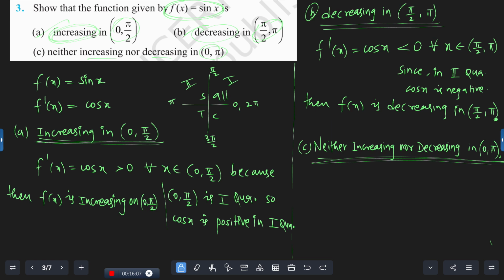Listen carefully. The first interval is 0 to pi by 2, the second is pi by 2 to pi, and the third is 0 to pi together. 0 is here, pi by 2 is here, pi is here. In the first interval the function increases, in the second it decreases.